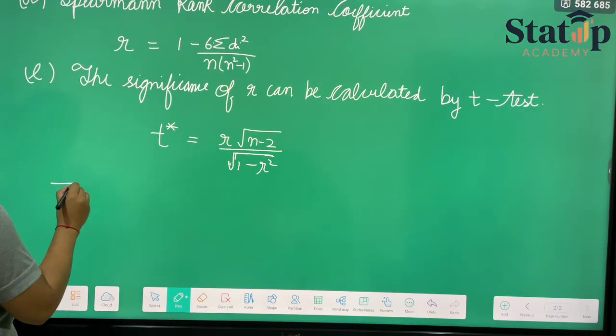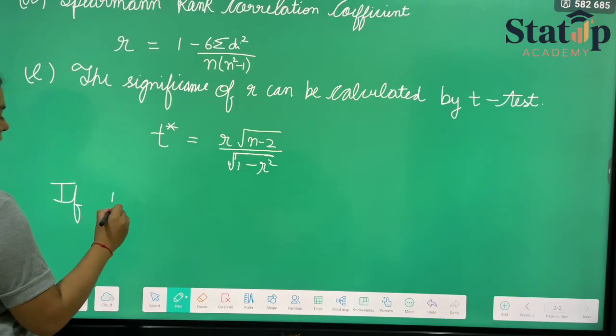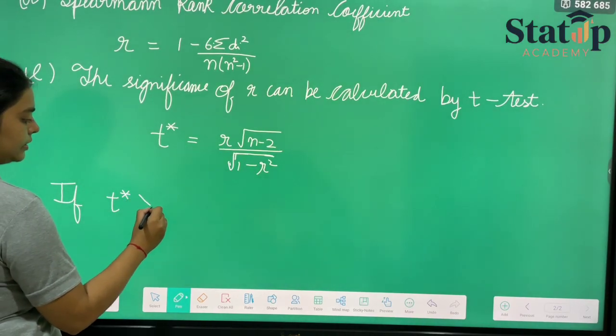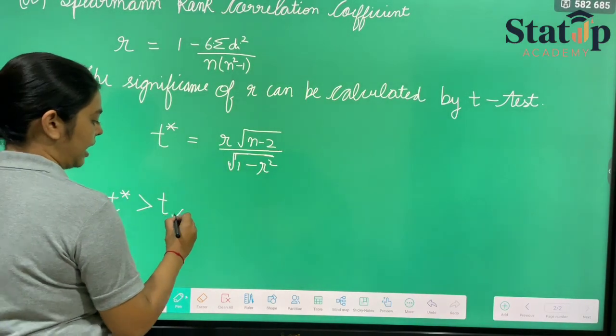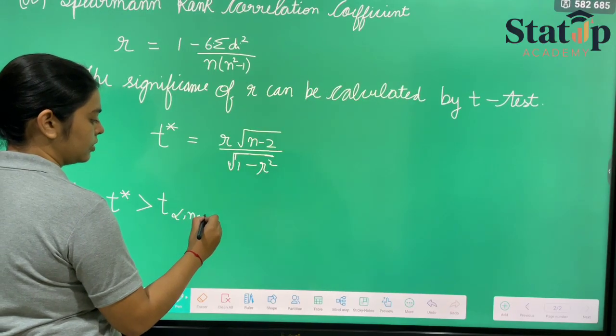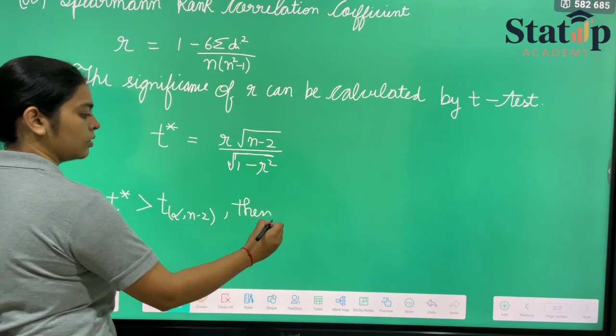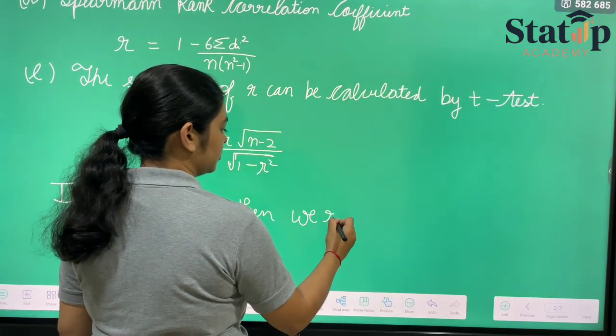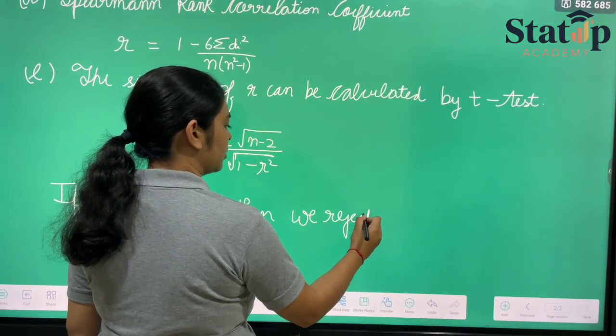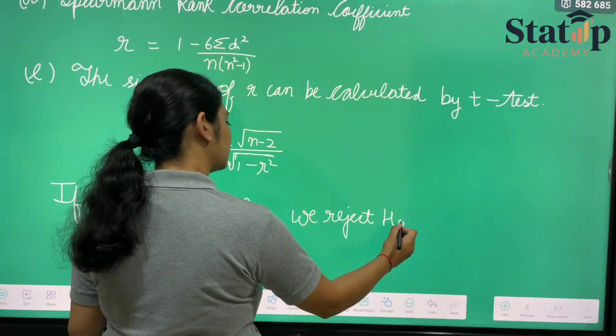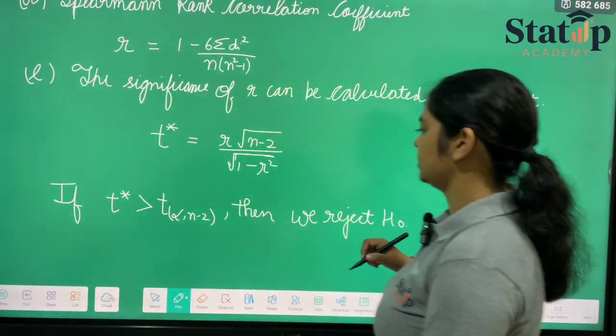Now we know that if t calculated is greater than t tabulated, then we reject h naught. Otherwise we accept it.